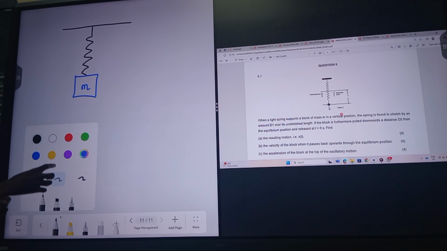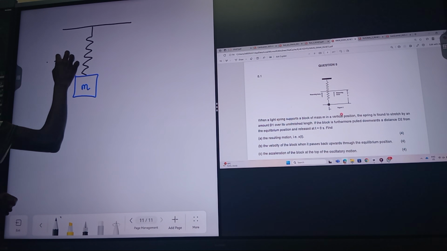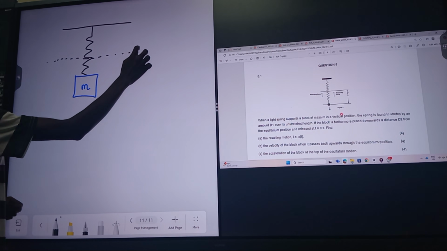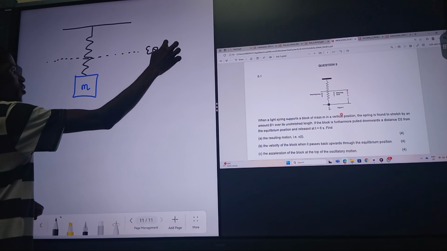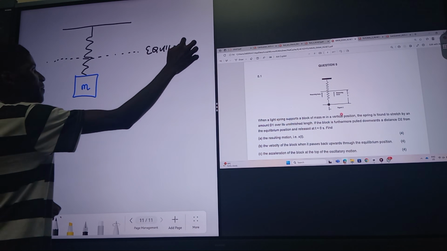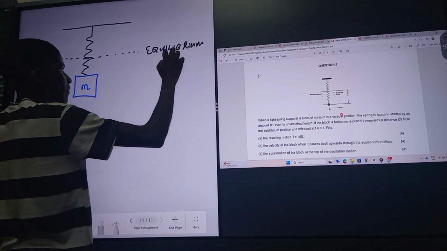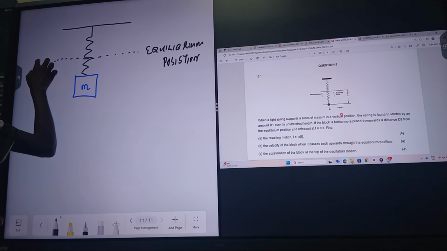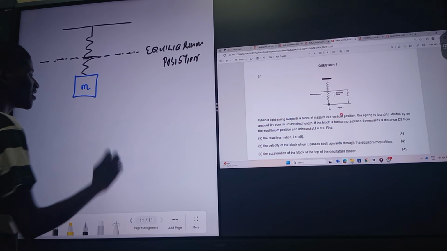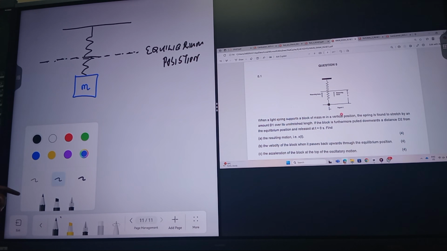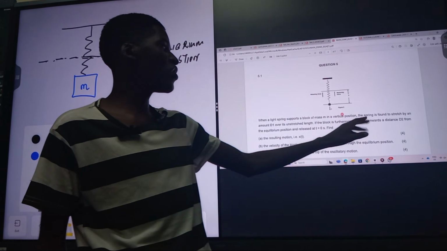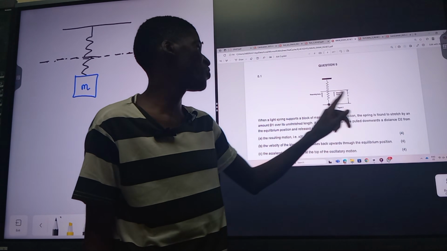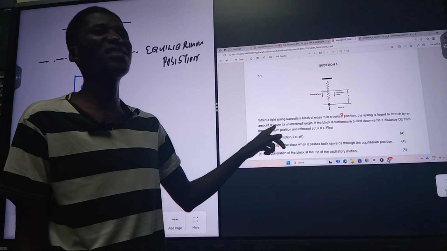So now let's assume this was the equilibrium position of the spring. At this point, the spring was not exerting a force. Now, the spring is found to stretch by an amount d1.